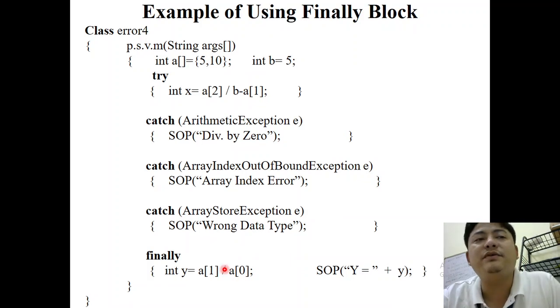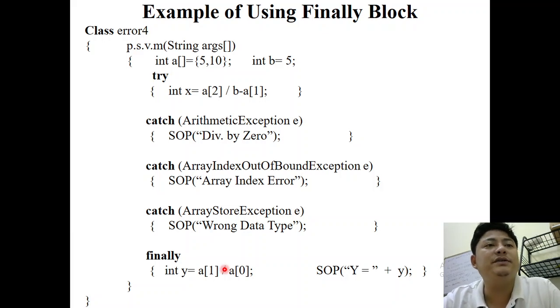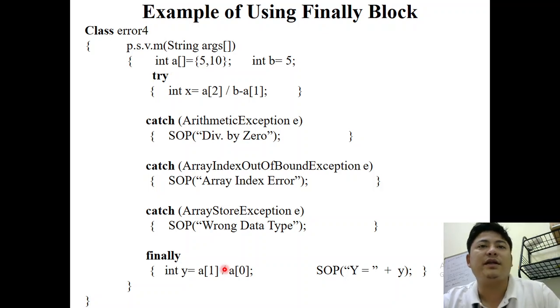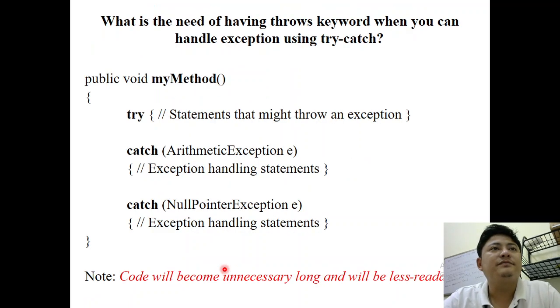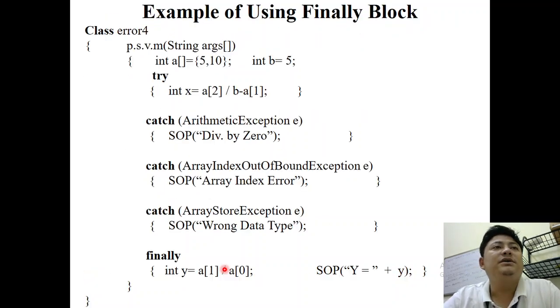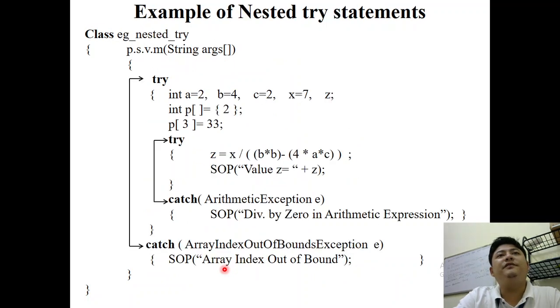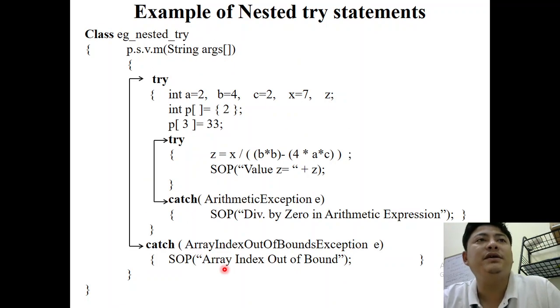Now the last one is the use of the finally keyword. Finally is a keyword for statements that we want to get executed somehow, so those statements will be kept in the finally block. These are the three different features that we have not listed earlier, so I'll just repeat them.